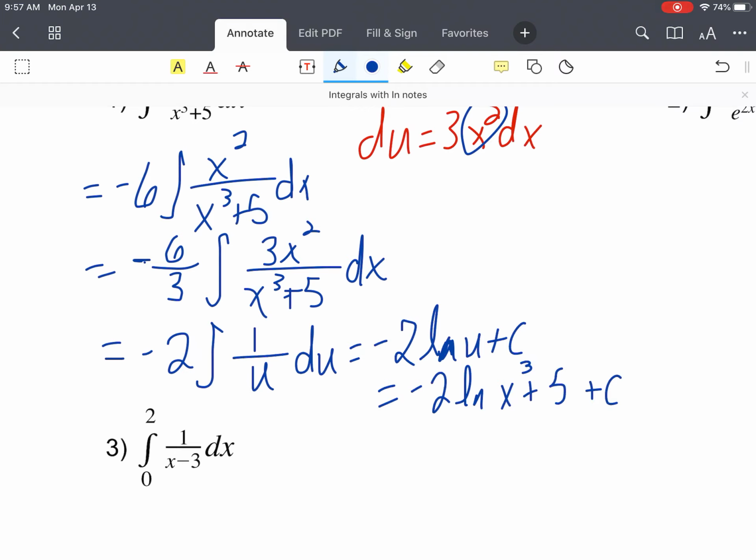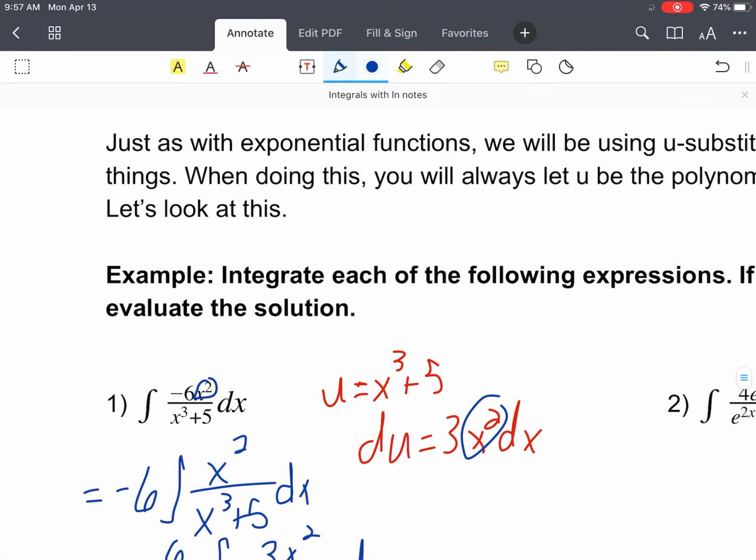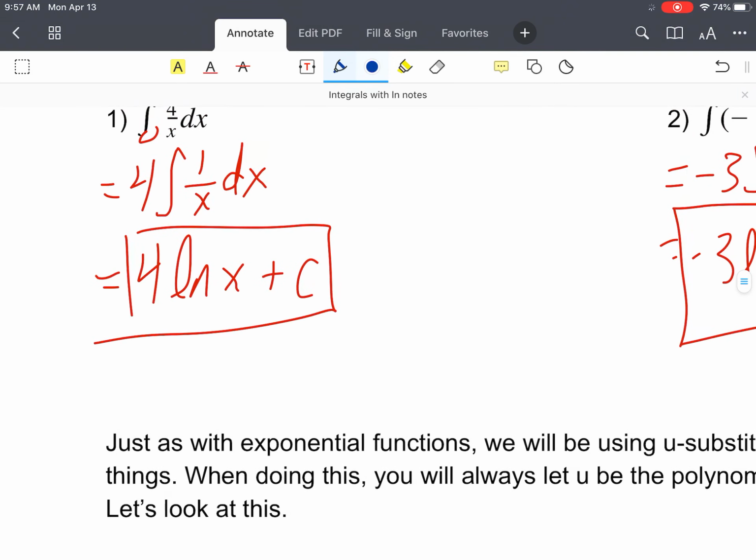Now, here's the thing. When you integrate something and get an ln, you cannot take the natural log of a negative number. So every time that you do this, you're going to need to put absolute value bars around it.